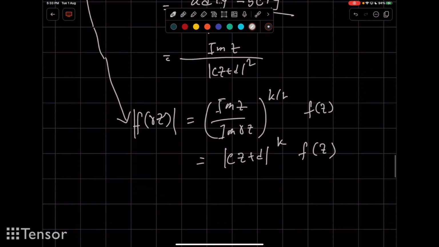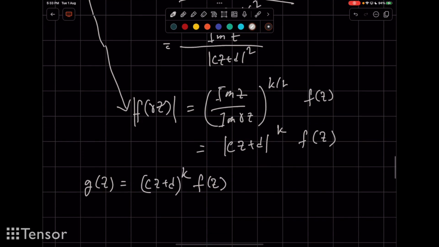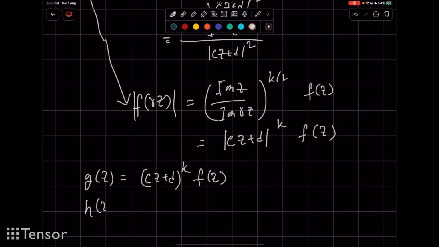Now we are going to define two functions. One function is g of z, defined as (cz plus d) to the power k times f of z. And another function is h of z, which we define as f of gamma z.